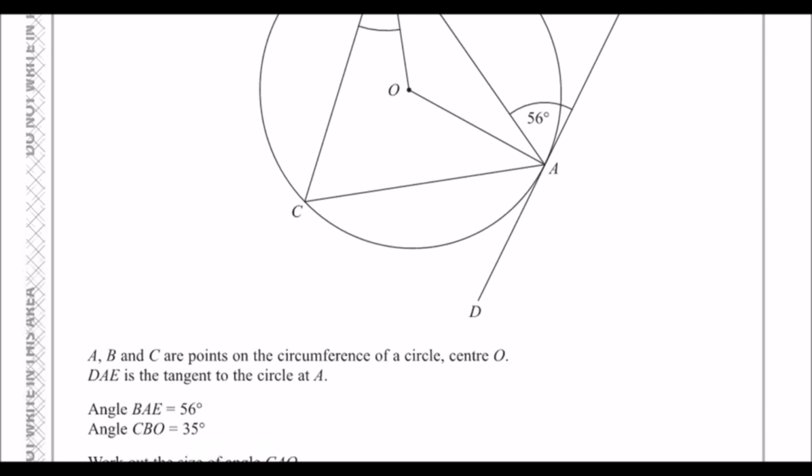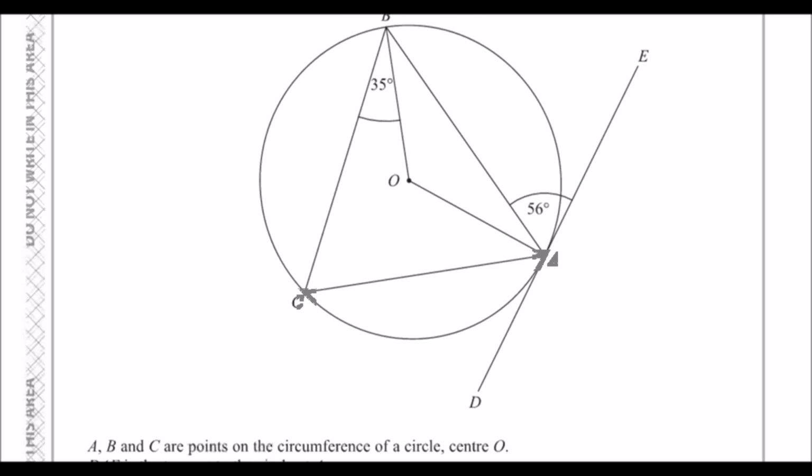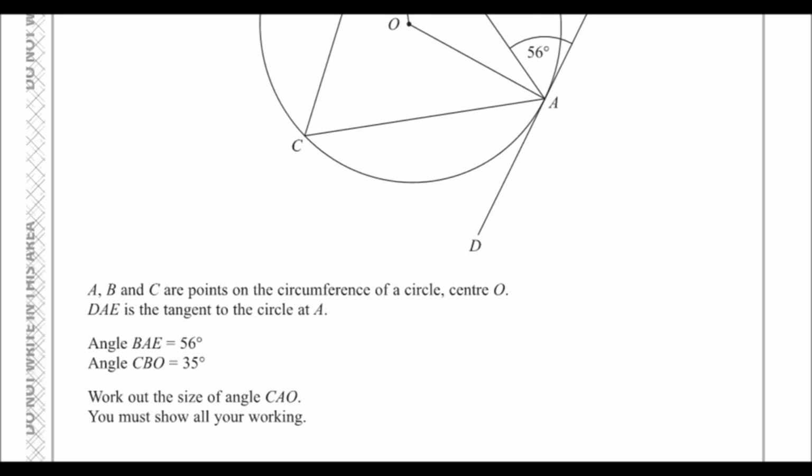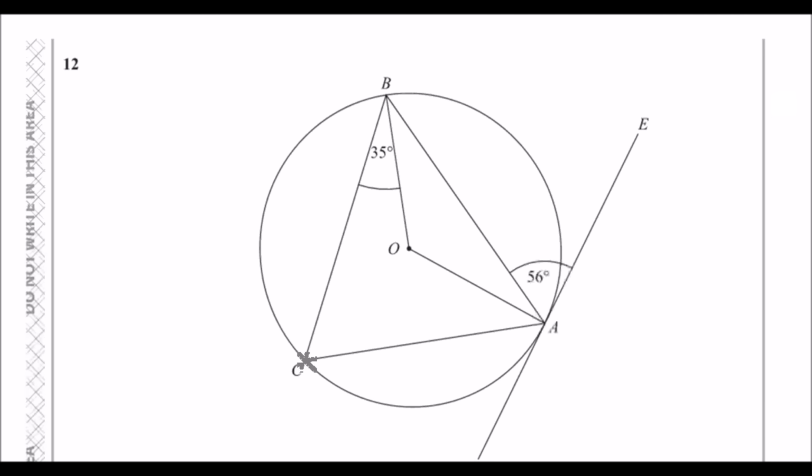And CBO is 35. Work out the size of angle CAO. You must show your working. So CAO. So this is the one we're working out. And we're going to show all of our working.